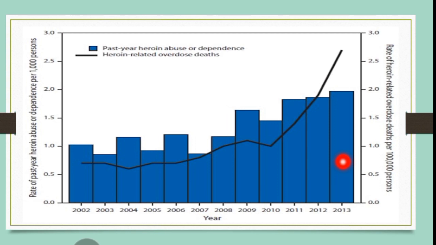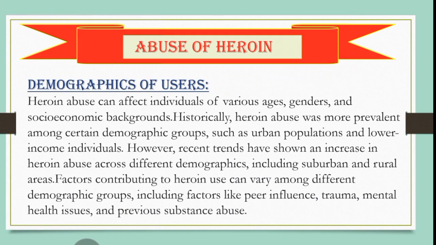The graph covers past year heroin abuse or dependence, heroin-related overdose deaths, and the rate of past year heroin abuse or dependence per 100,000 persons. So basically as the years increase, the intake, cultivation, and smuggling of heroin also increase.